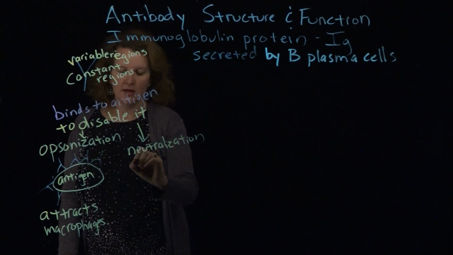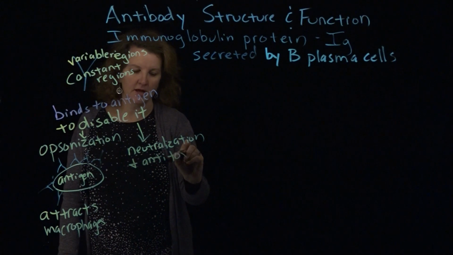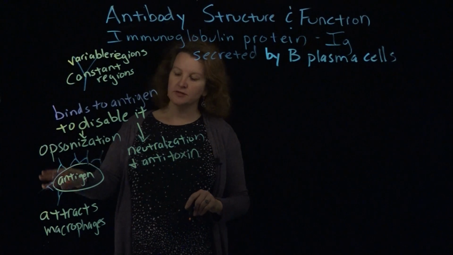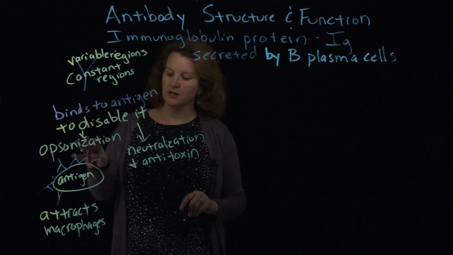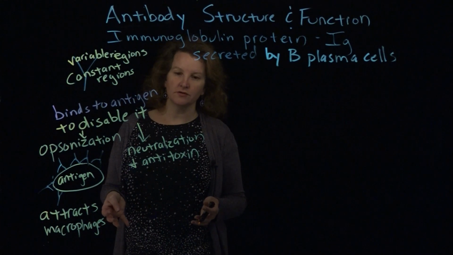There's also neutralization. And related to that is the antitoxin action as well. So again, same idea. So it's coating the antigen, but in this case, by coating it, it's not able to bind to the host cell surface receptors.